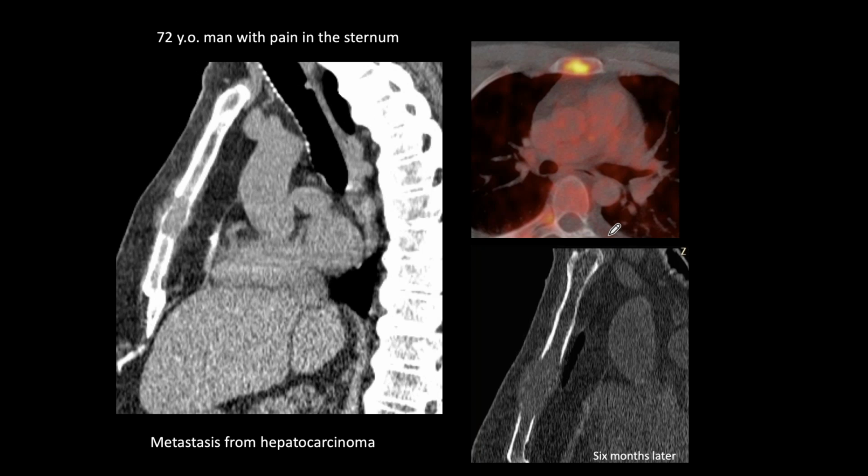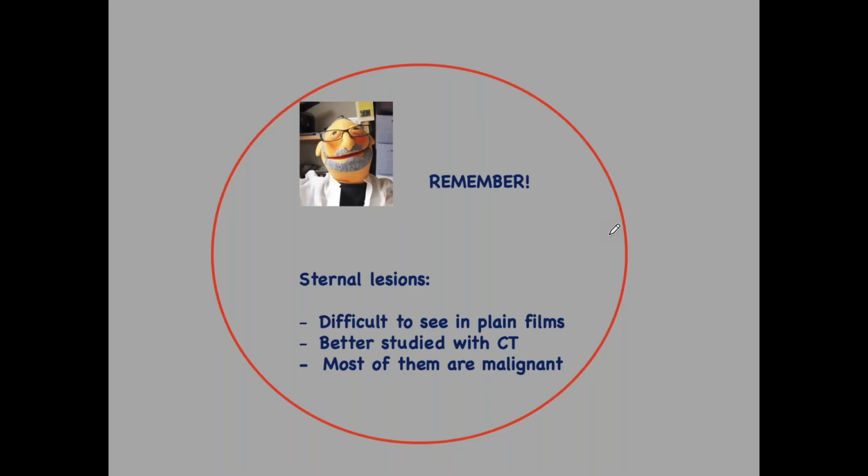And second, the great majority of lesions of the sternum are malignant. So if you see a lesion in the sternum, just from the beginning, think that the patient has a malignant disease, either hematologic or metastatic disease. Okay? And then sternal lesions, the same thing, difficult to see in the plain films, better studied with CT, and most of them are malignant.